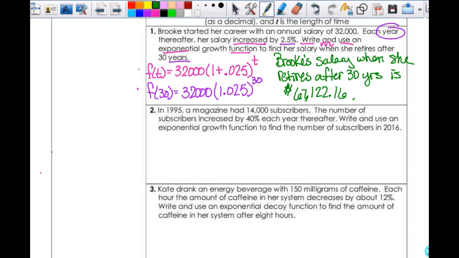Now we got to think about rounding, okay? Because the AP rules are, unless it says otherwise, you should round to 3 decimal places, blah, blah, blah. But this is money, so does it make sense to go to 2 decimal places? Yes, it absolutely does. So you have to use some logic with your rounding here, okay?